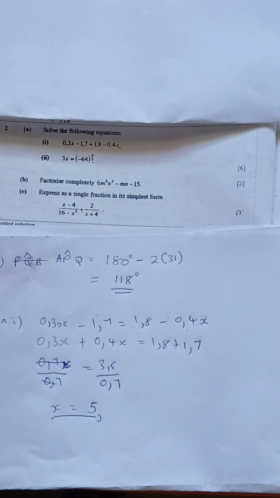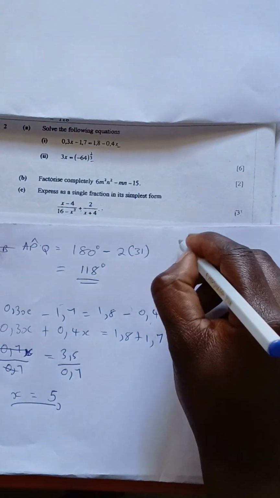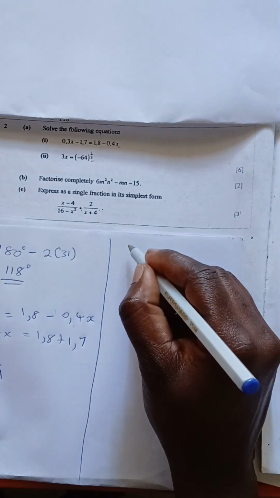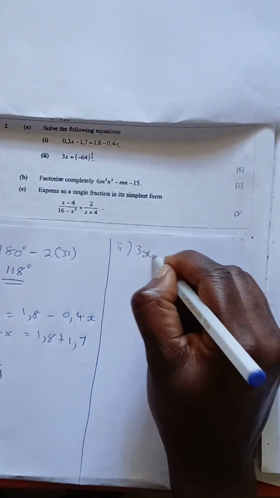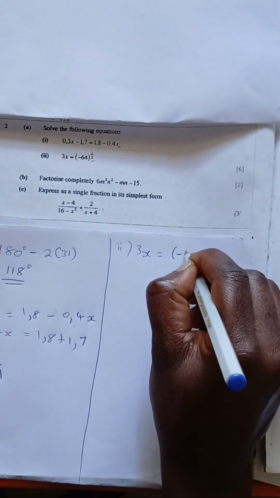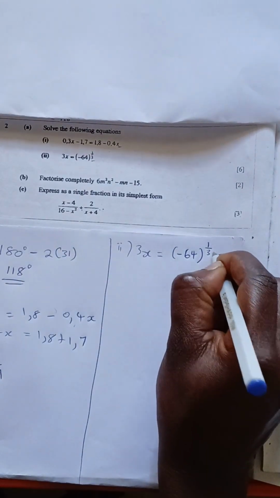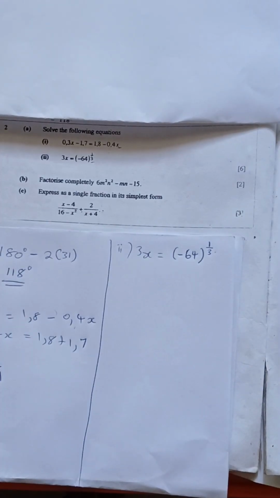We have the next item, which says item 2: 3x is equal to negative 64 in brackets to the power 1/3, right? To solve this one, we get rid of our power first.